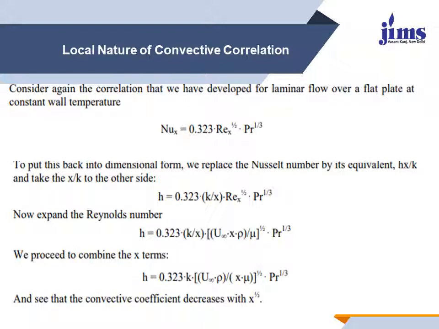Finally we combine the x term: h is equal to 0.323 multiplied by k multiplied by u infinity rho divided by x mu, whole to the power 1 by 2, and Prandtl to the power 1 by 3. As a result, the convective coefficient decreases with root x.